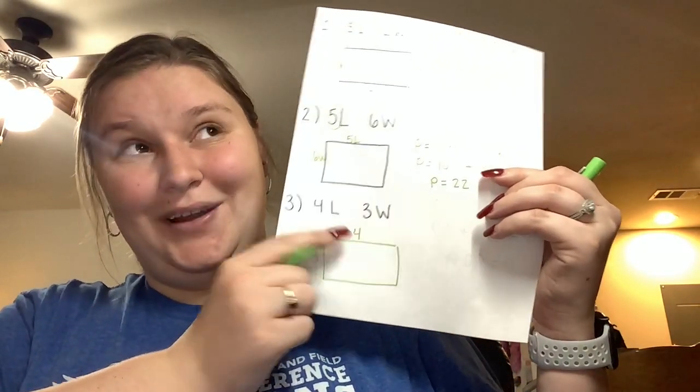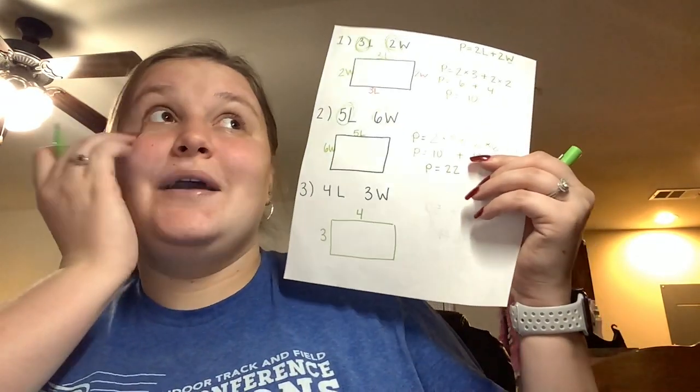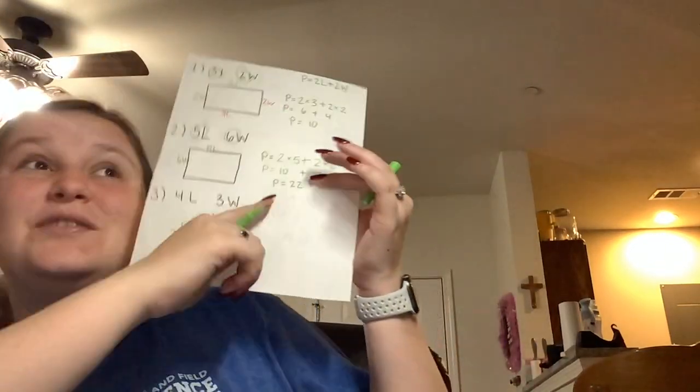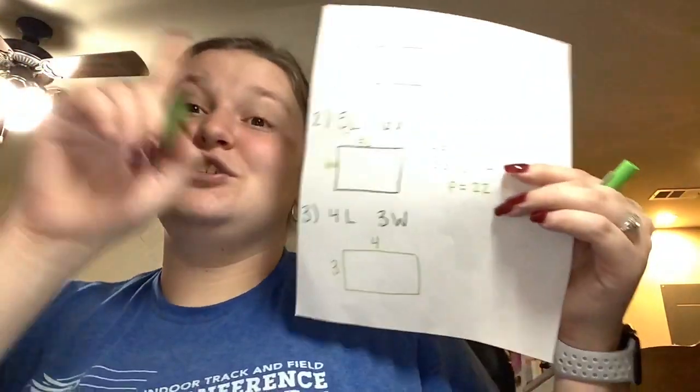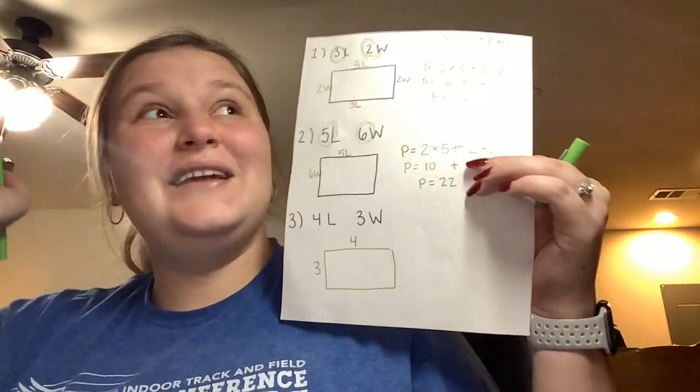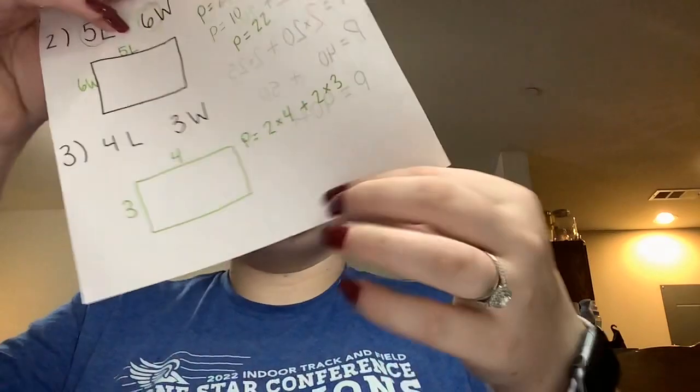I have 4 length, 3 width, and I'm going to plug mine in. I'm going to do step number 1. Everybody, go ahead and do this first step and plug everything in, and we'll take the next step together. So what should our formula say now?